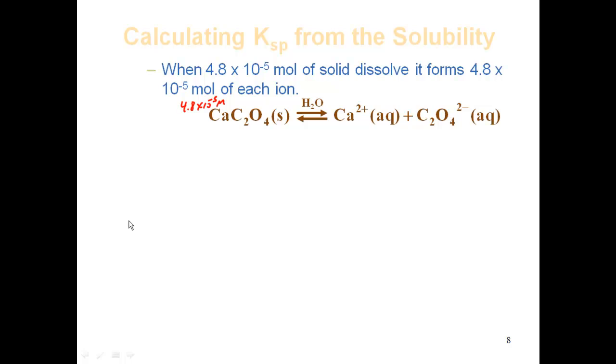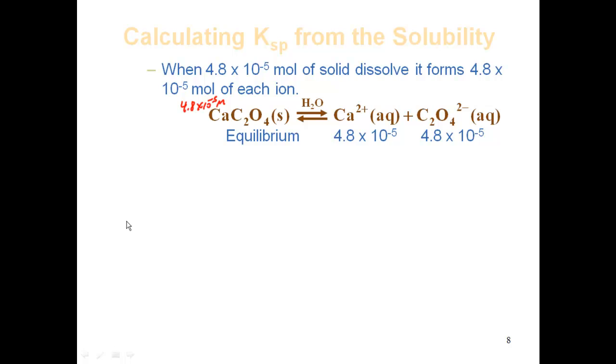So we can figure out how much calcium there is and how much oxalate from my mole-to-mole ratio. Since I have 4.8 times 10 to the negative 5th molarity of calcium oxalate, for every 1 calcium oxalate I get 1 calcium, so I get the same concentration of calcium. The same holds true for the oxalate because that's also a 1-to-1 mole ratio. So at equilibrium I have 4.8 times 10 to the negative 5th calcium and 4.8 times 10 to the negative 5th oxalate.